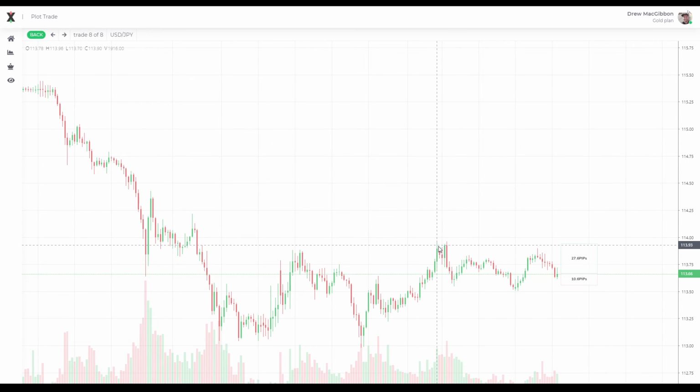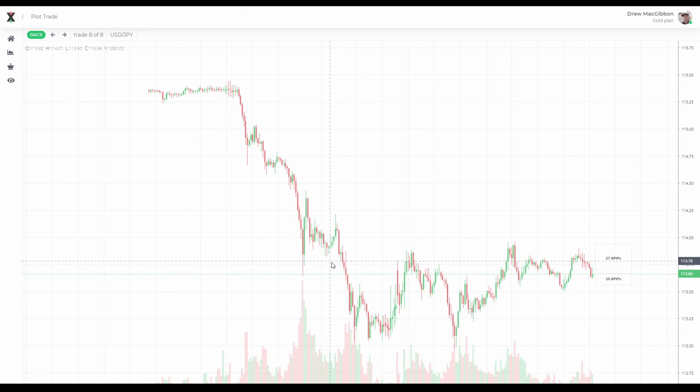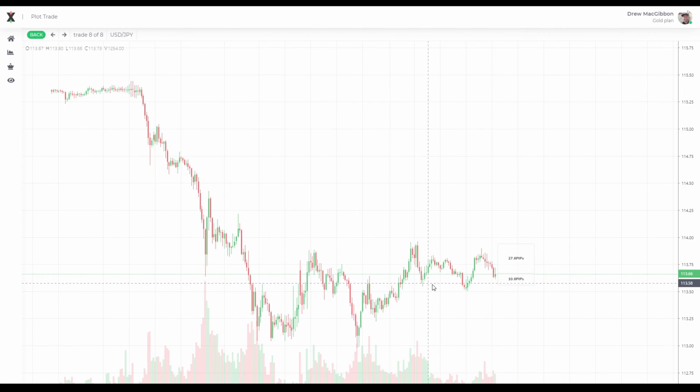It's already recently bounced here, and it looks like it's wanting to head up. We've had a green candle, and the current candle is also green. It's not loaded on this because we don't load the most recent candle here, but I'm pretty happy with that trade. It's a good risk reward as well.